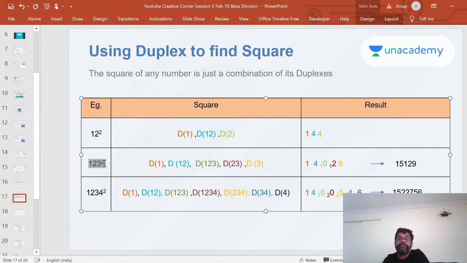If you attended the last session on base multiplication, there is also a way to solve 123 into 123 using the base multiplication method. But right now we'll stick to finding squares using duplex. I believe it's a lot easier than other methods, and with practice it becomes faster.